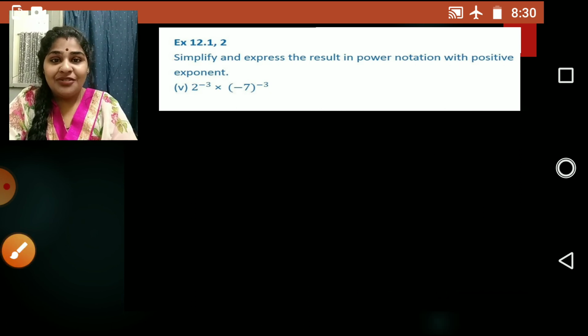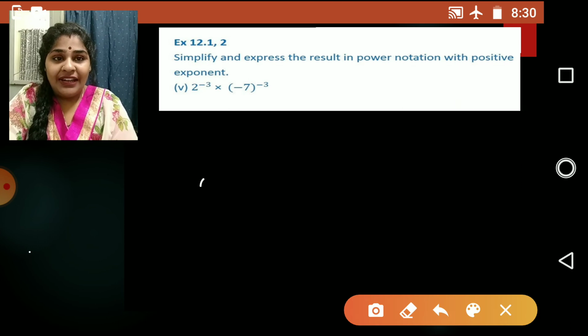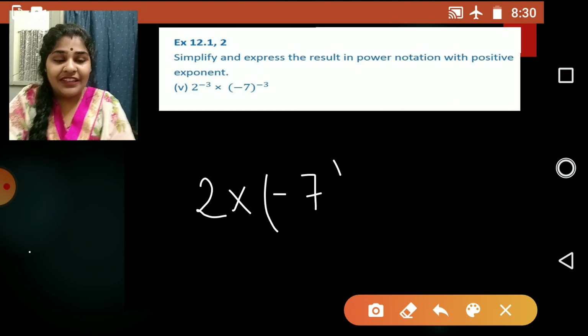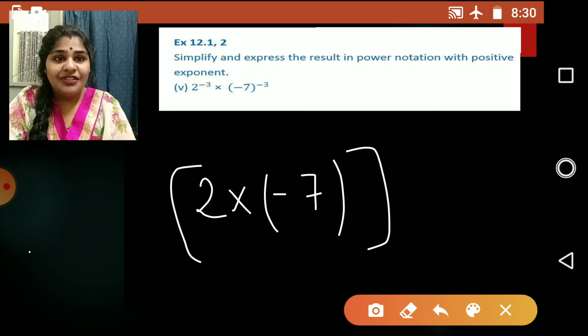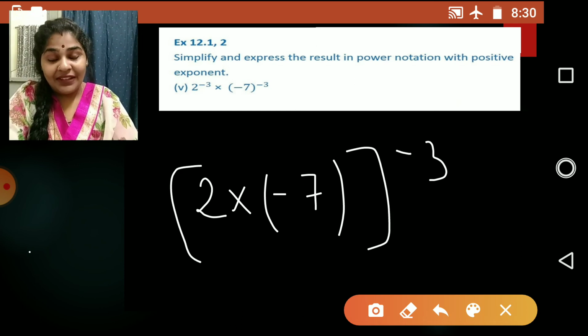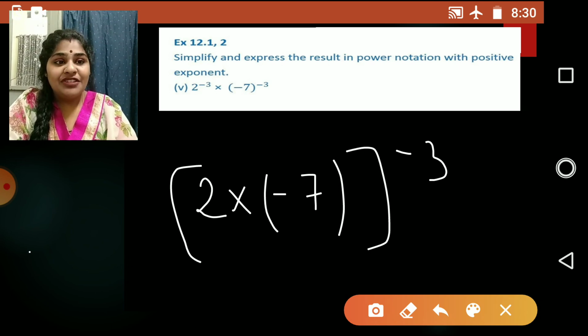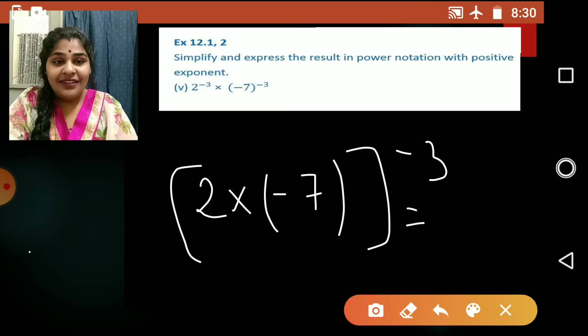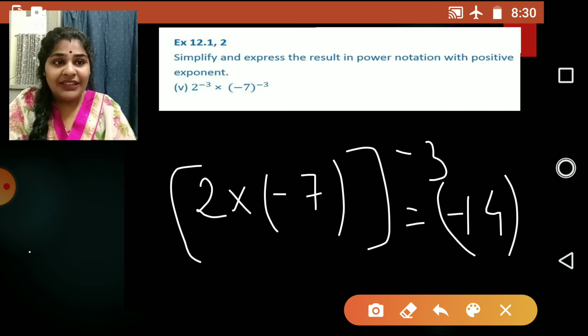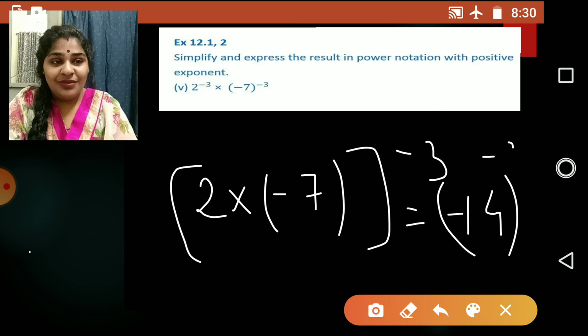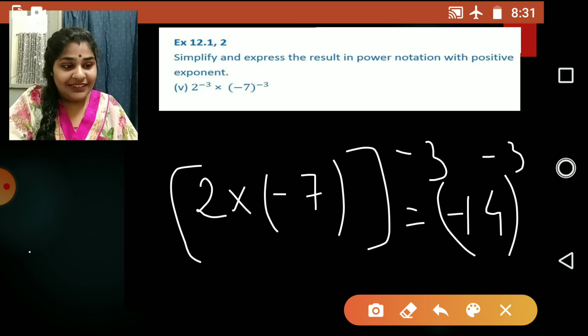So I can write 2 multiplied by negative 7 whole to the power negative 3. The exponents are same. So 2 sevens are 14, and 7 is negative, so negative 14 raised to negative 3.